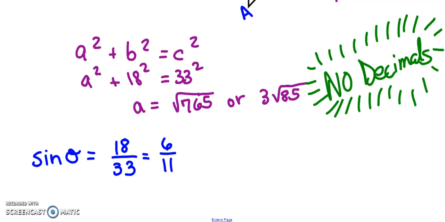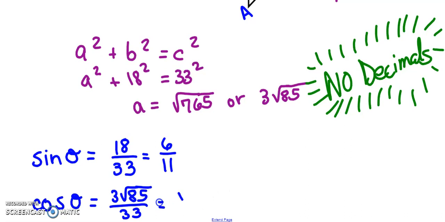And yes, reduce it whenever you can. Then cosine is adjacent over hypotenuse. So 3 square roots of 85 over the hypotenuse, which is 33. And again, this reduces down, so that will be the square root of 85 over 11.